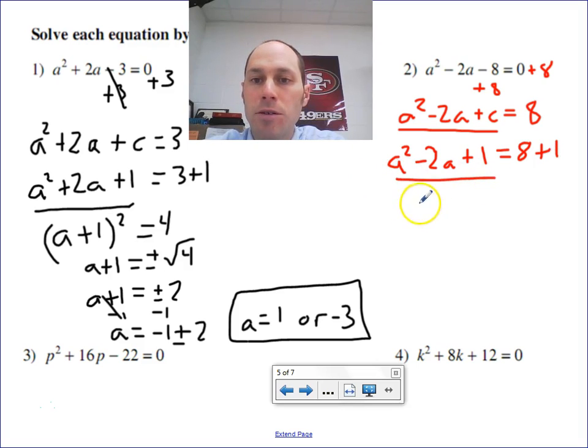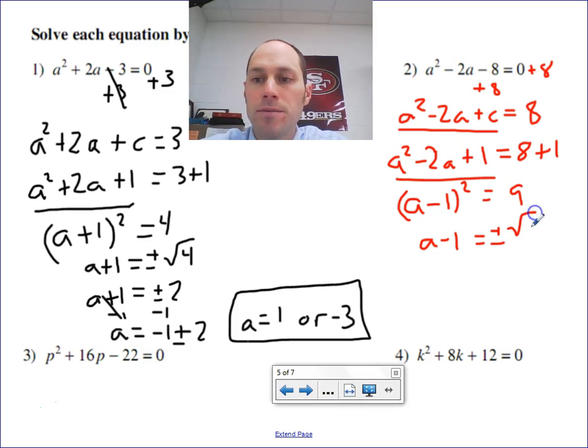Then I'll factor this down. Well, my perfect square trinomial is a minus 1 squared. That's going to equal 9. I'll take the square root of both sides, so a minus 1 will equal plus or minus the square root of 9. Square root of 9 is 3, so a minus 1 equals plus or minus 3.